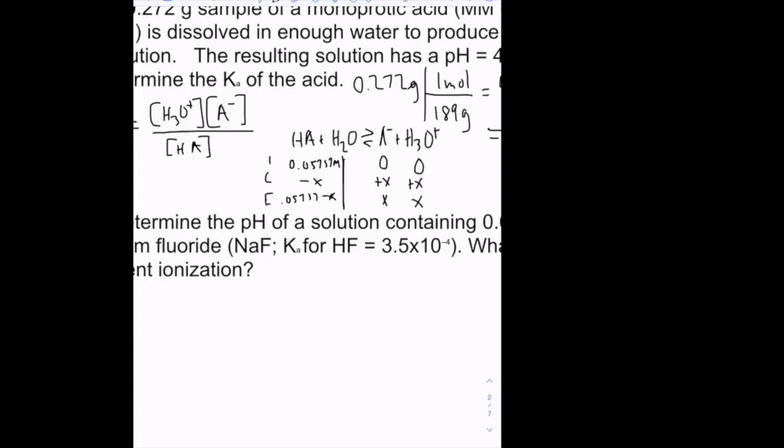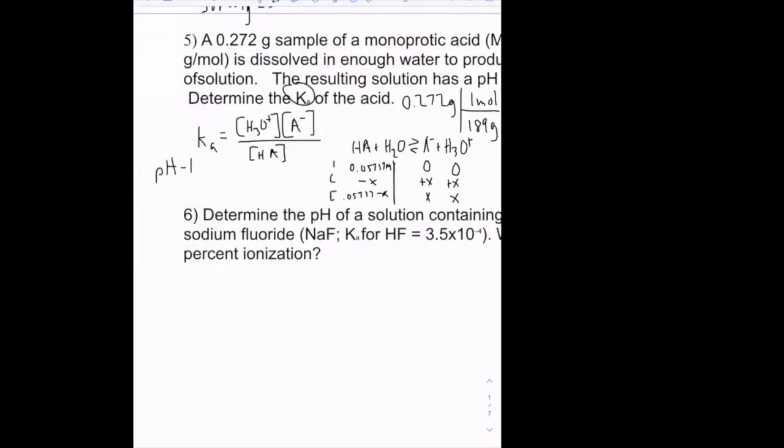But to figure out the value of X, you can actually use the pH, because remember, pH equals the negative log of the concentration of H3O plus.